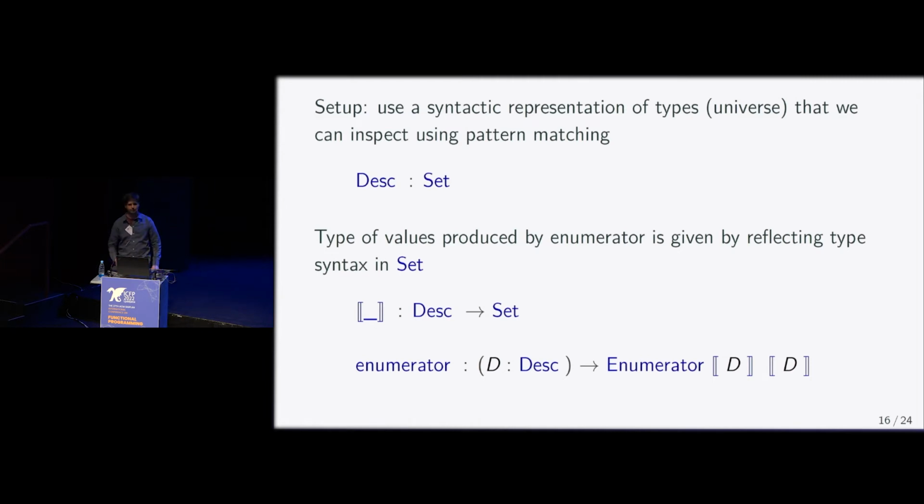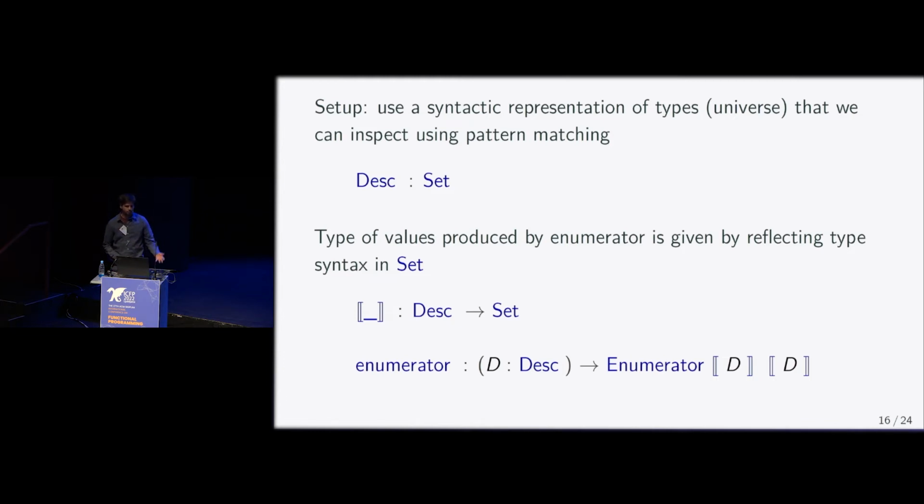And then the enumerator that we write takes such a description and it enumerates into the semantic reflection of these descriptions. And I won't show the definition of the descriptions here, but it contains the standard combinators for empty and unit types and is closed under products and co-products. And you can have recursive occurrences.